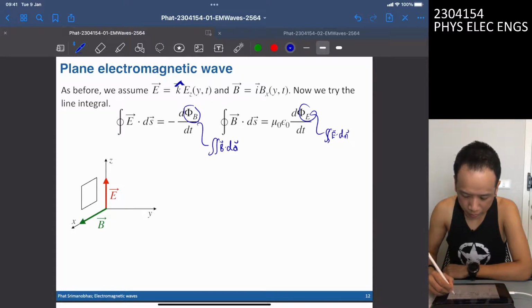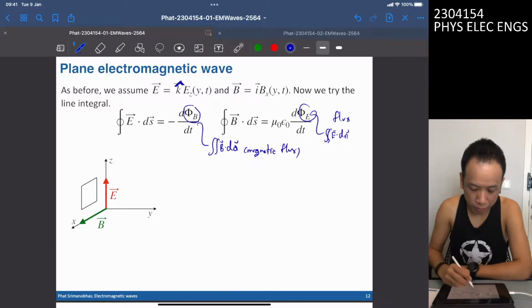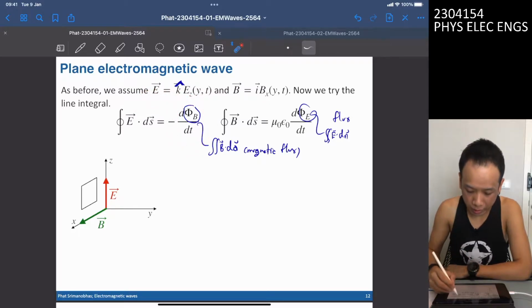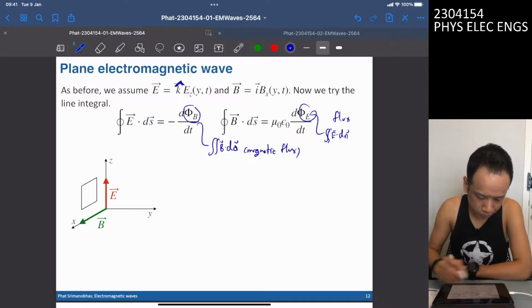So it is the electric flux and the magnetic flux. The change of magnetic flux creates the E field, and the change of electric flux creates the B field.